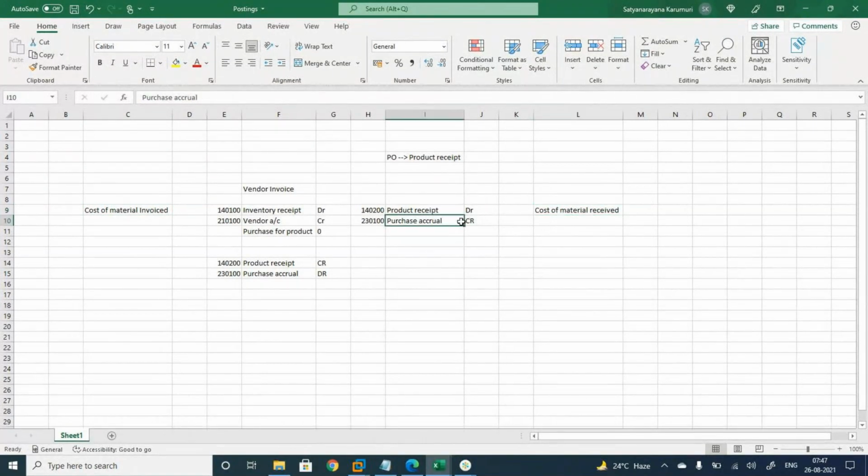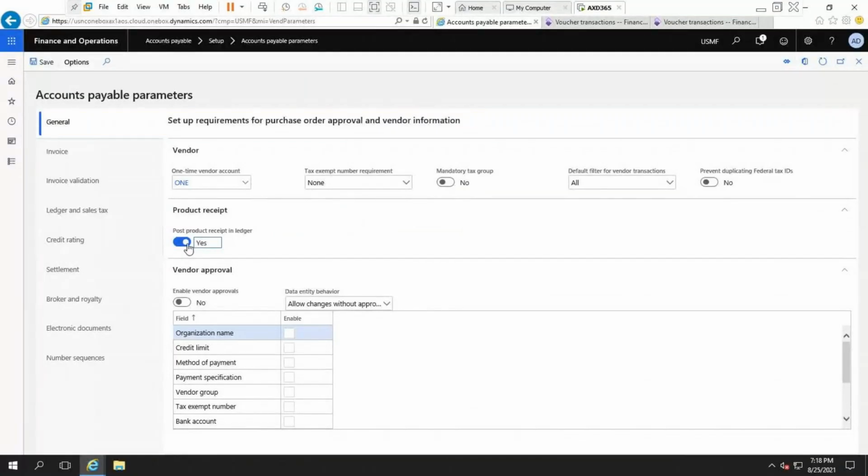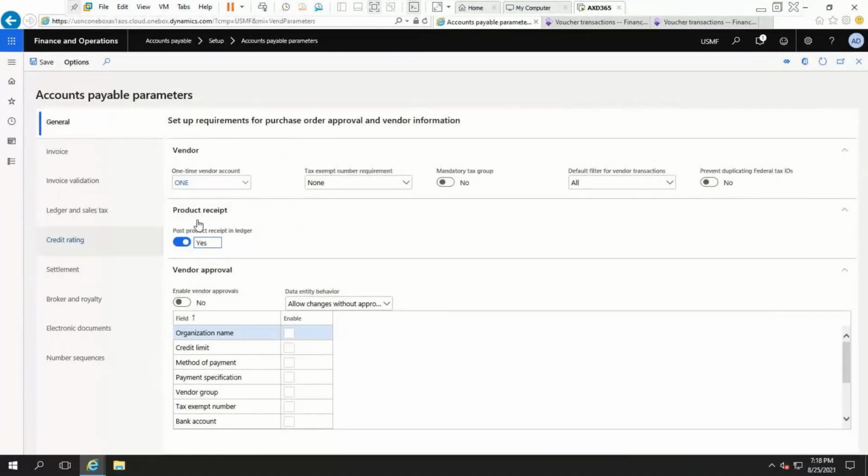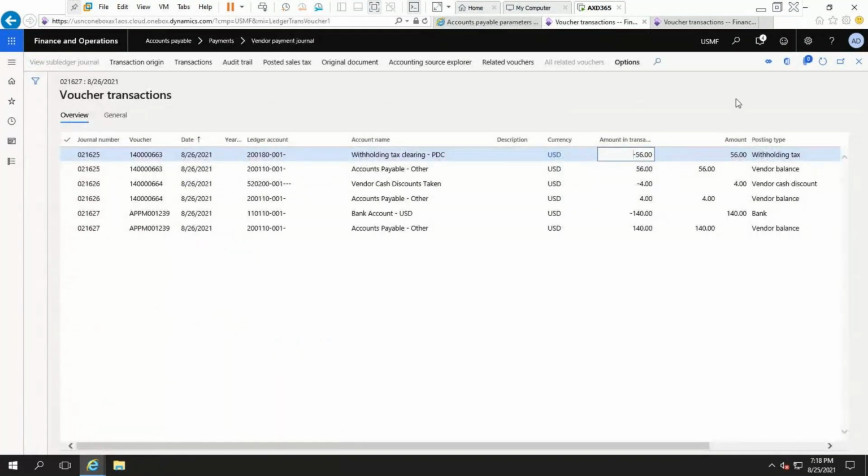Let me quickly do one transaction and show you. Now I have enabled this checkbox: accounts payable parameters, general tab, product receipt fast tab, post product receipt in ledger. Now let me do a purchase order and show you.